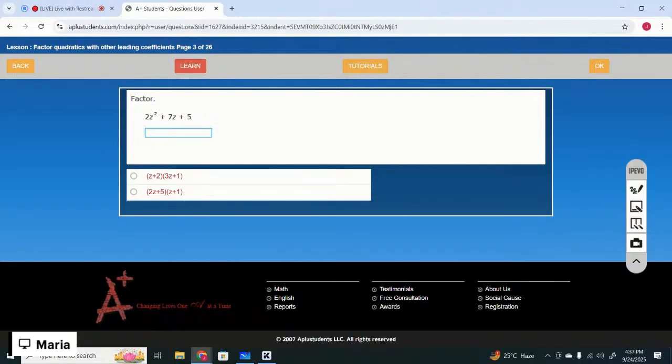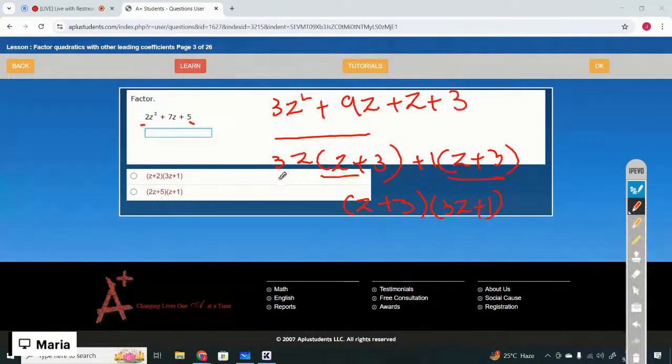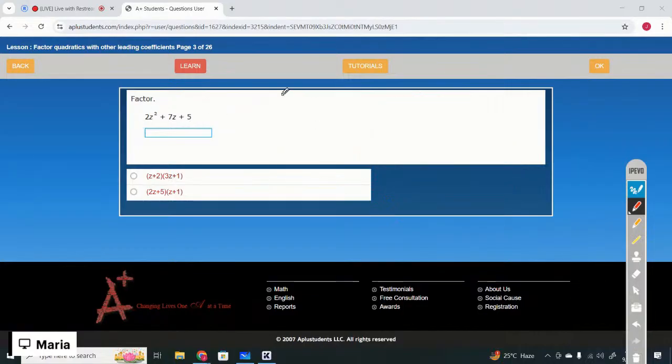Two z squared plus 7z plus 5. Five times 2 is 10, plus 2z plus 5. So let's just take 2 common.